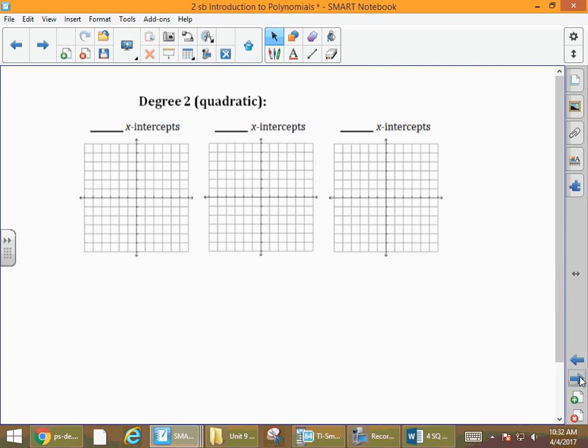When we look at our degree 2, our quadratic, the one that we are most familiar with, we could draw a quadratic with 0 x-intercepts. Something like that. We could draw one with 1 x-intercept.